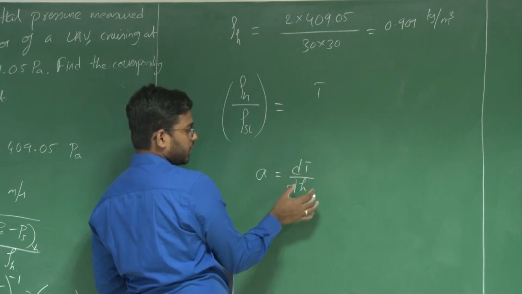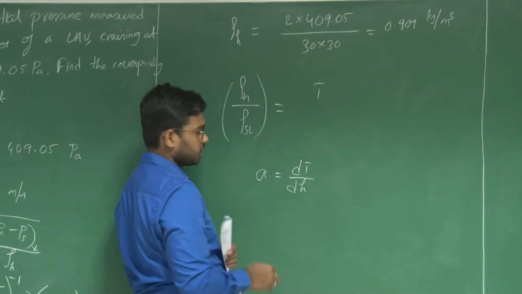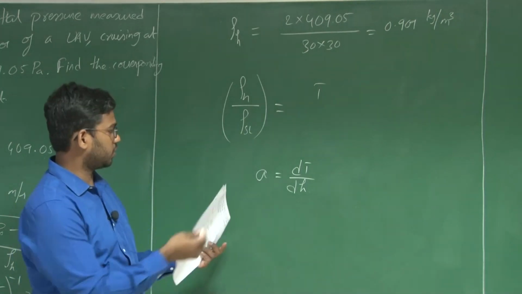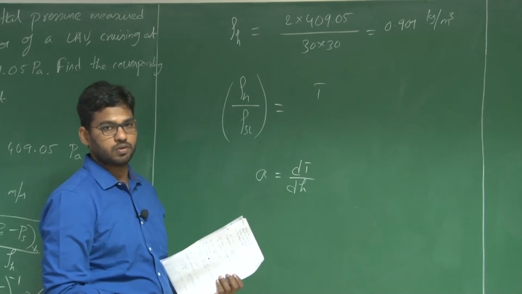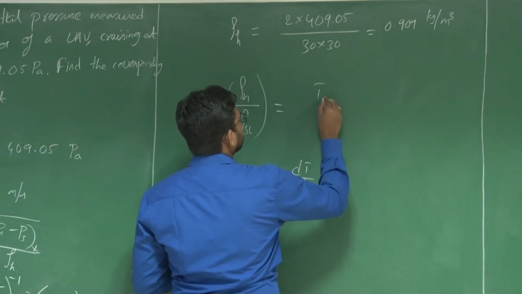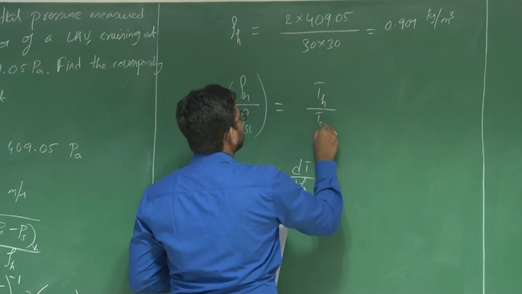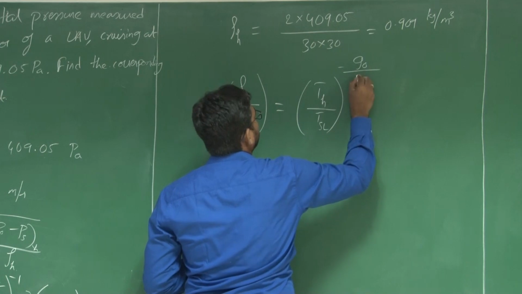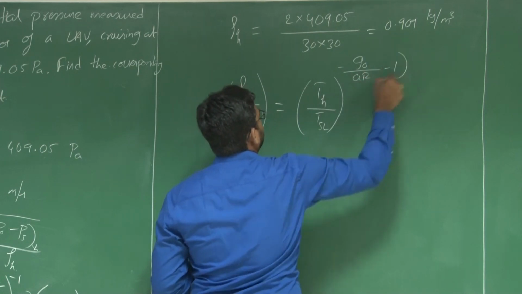If I know this dt, I can find this dh, since the slope for any of these gradient layers is constant, right? Now rho by rho at sea level is T at that altitude by T at sea level, raised to minus g0 by aR minus 1.